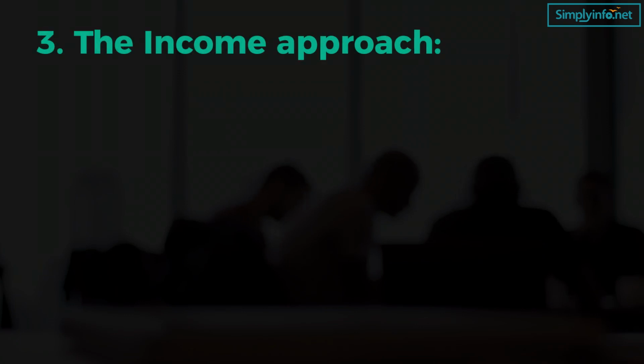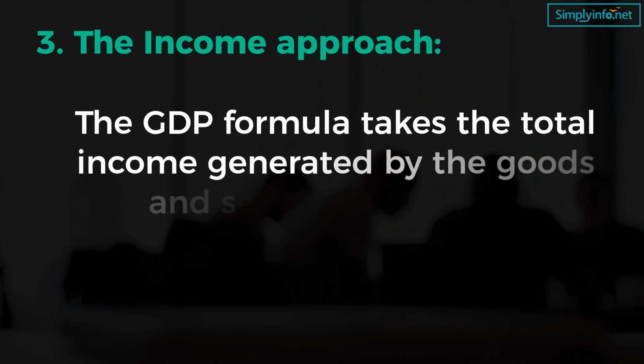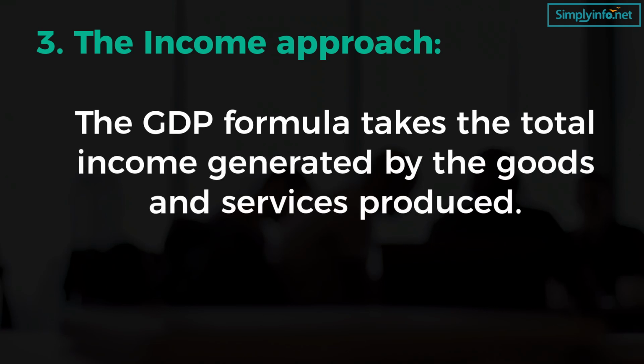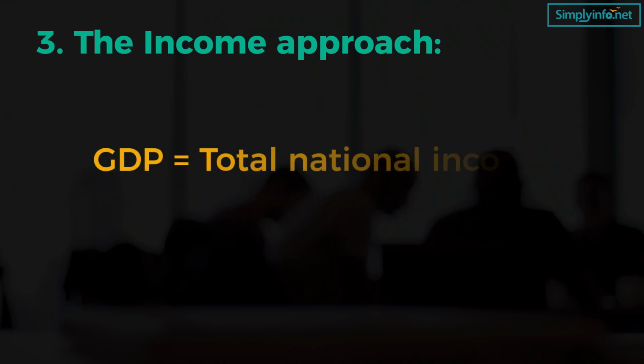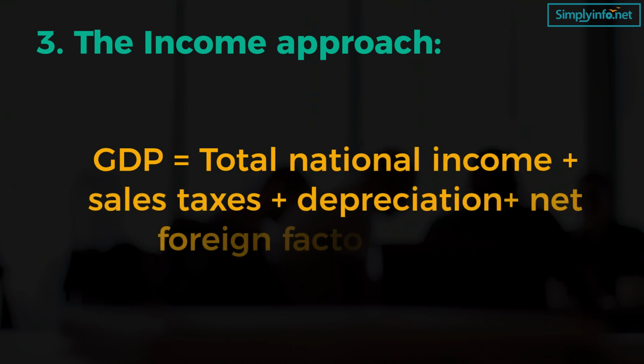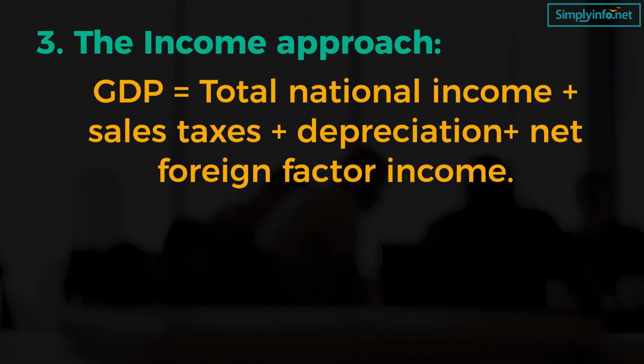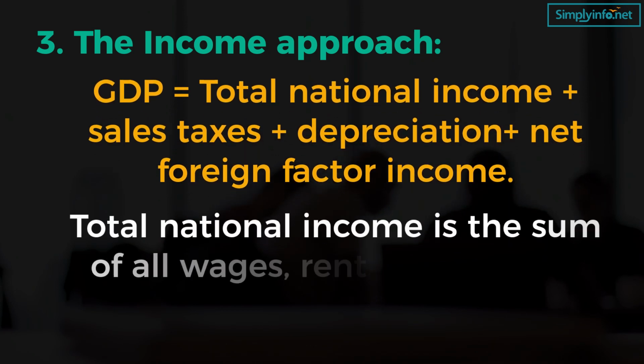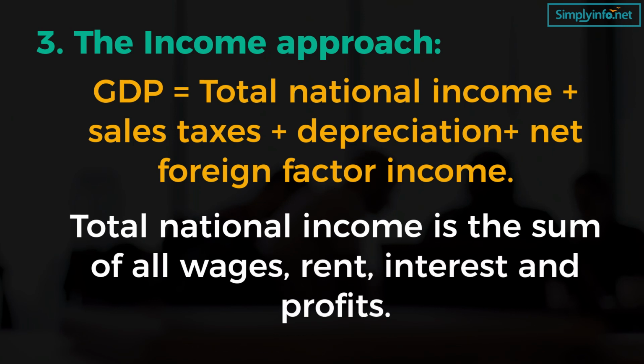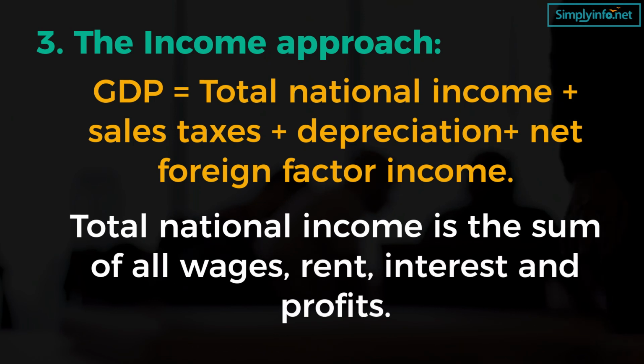Number 3. The income approach. The GDP formula takes the total income generated by the goods and services produced. GDP is equal to total national income plus sales tax plus depreciation plus net foreign factor income. Total national income is the sum of all wages, rent, interest, and profits.